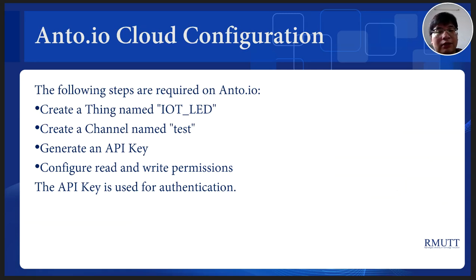On Adafruit IO, I first create a thing named IoT LED. Then I create a channel called tester, which is used to store the LED control value. Next, I generate an API key and configure read and write permissions.